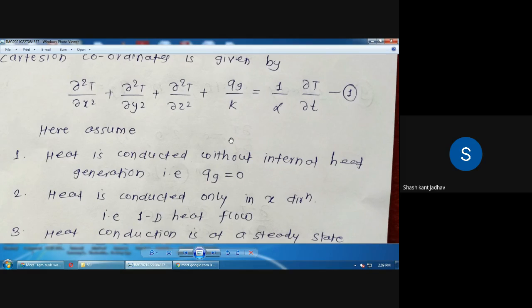This is the first assumption. The second assumption: heat is conducted only in the x direction. That is one dimensional heat flow.